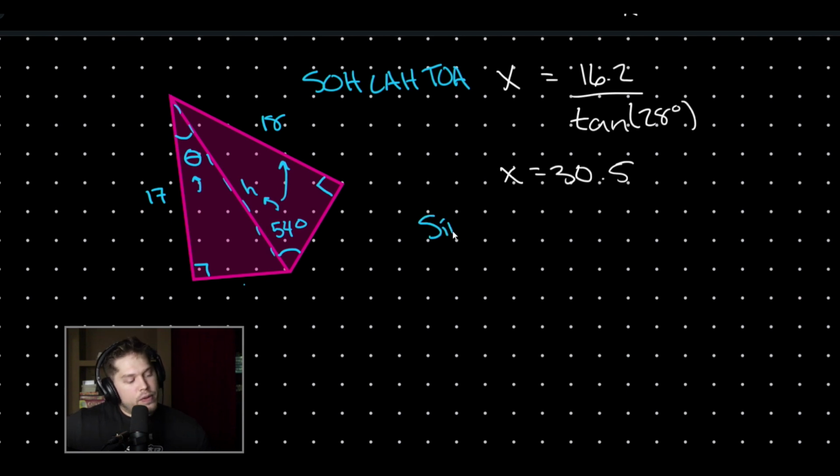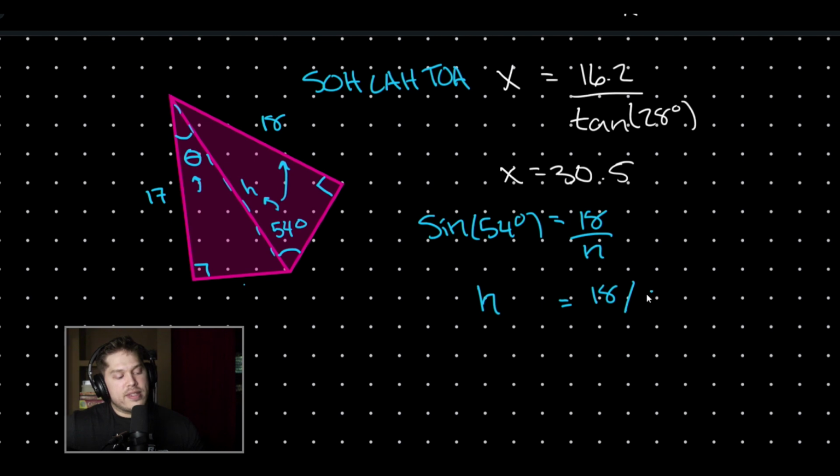So sine of 54 degrees is equal to 18 over h. We can multiply both sides by h, then divide by sine of 54 to get that h is equal to 18 divided by sine of 54.